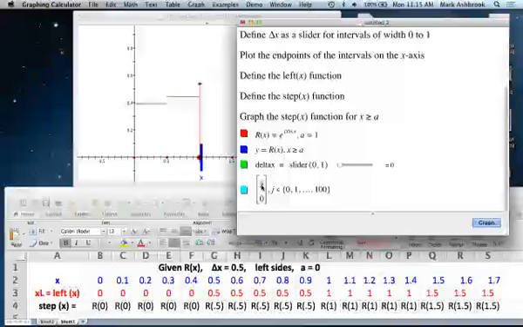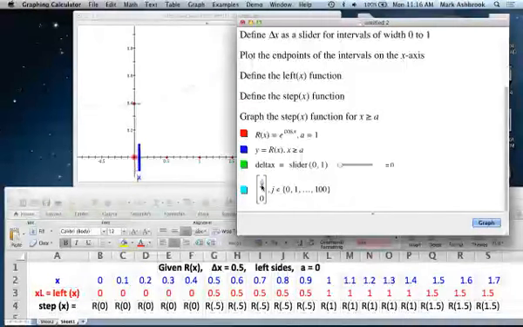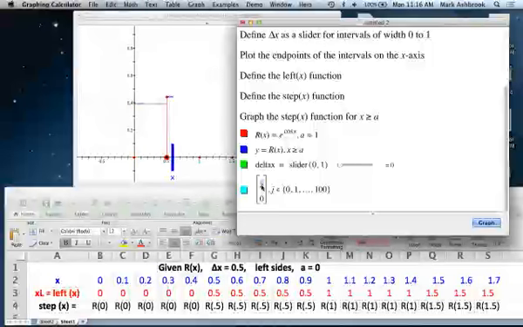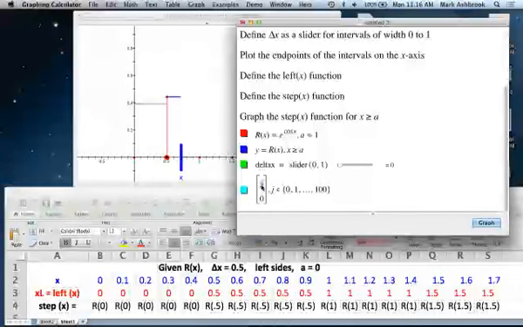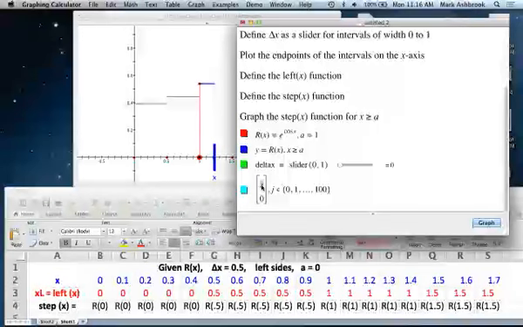Did anyone get it? Control 2. The braces, is a member of, that was in your homework, control equals. And then the braces are shift bracket.